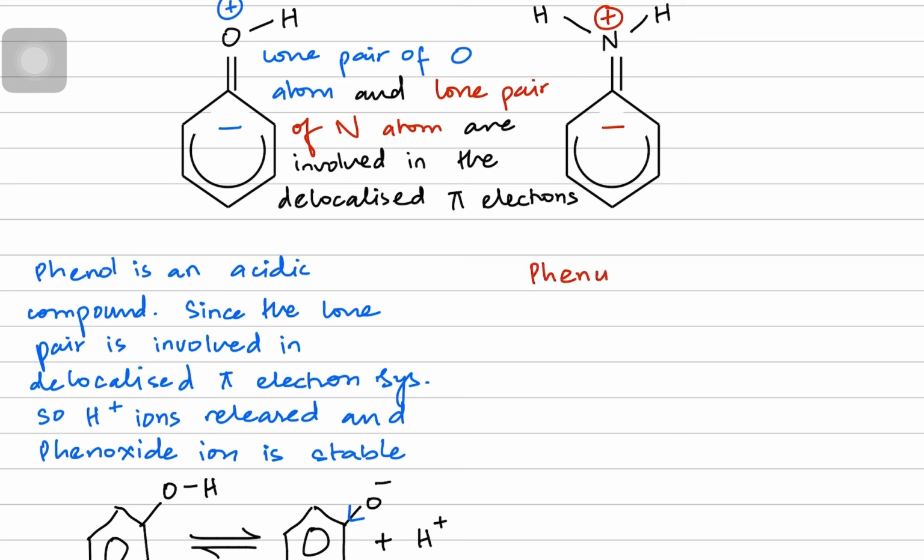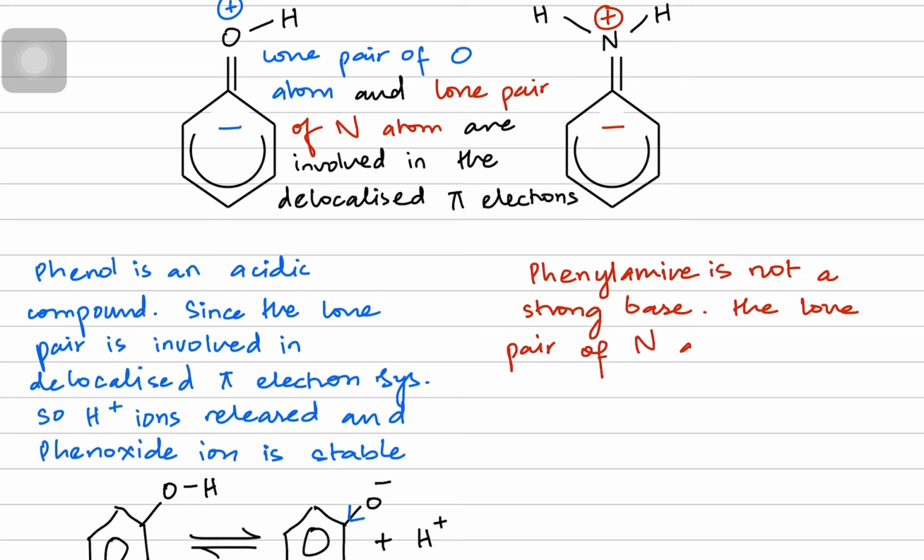When we look at phenylamine, again the lone pairs are the main factor over here. So phenylamine is not a strong base. The reason is the lone pair of the nitrogen atom is involved in the delocalized pi electron system.